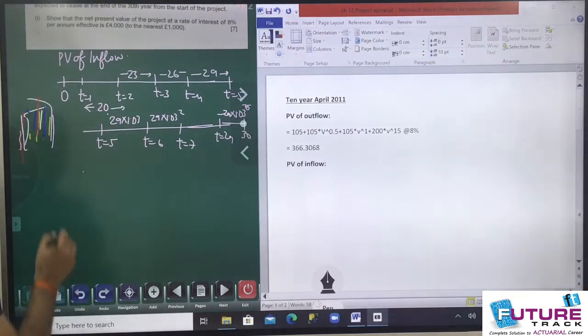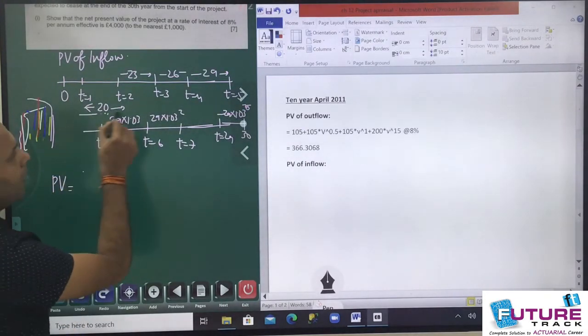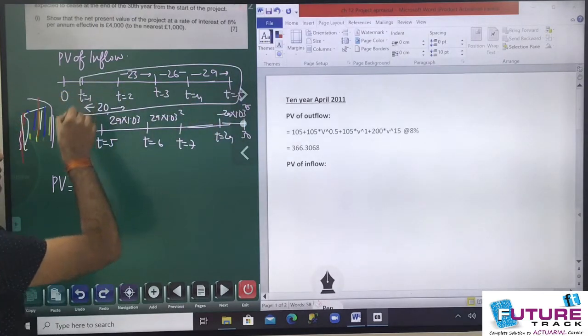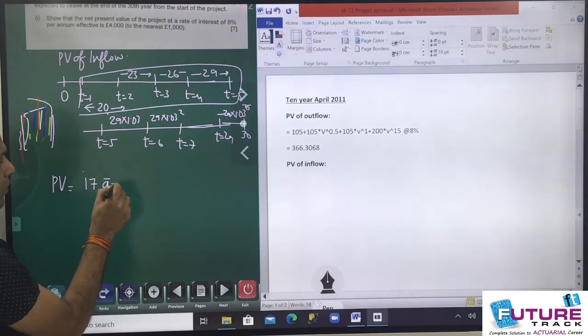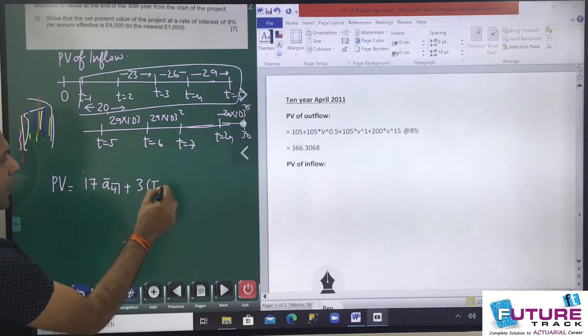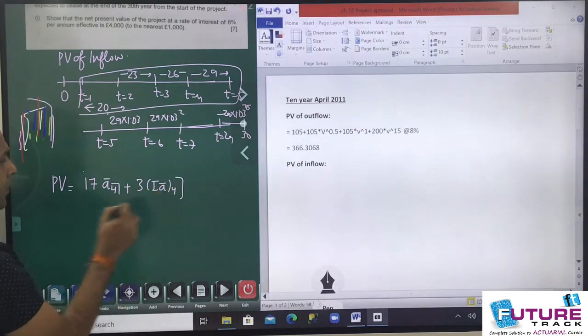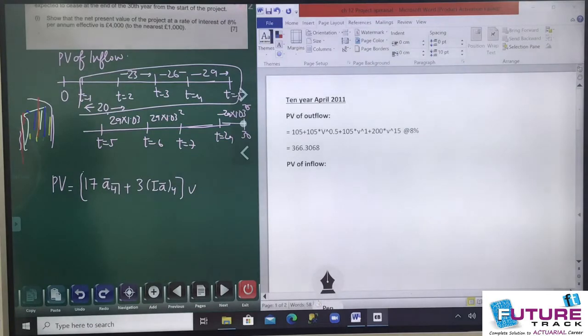Now class, what is the equation for this? The present value is equivalent to, this is my increasing annuity, simple. So 17 A bar 4 plus 3 IA bar 4 v, right?